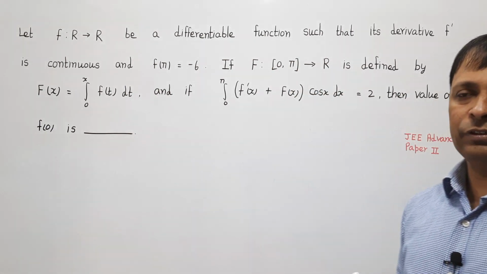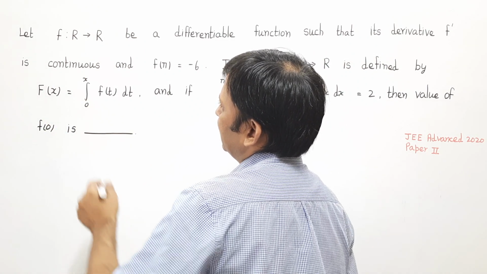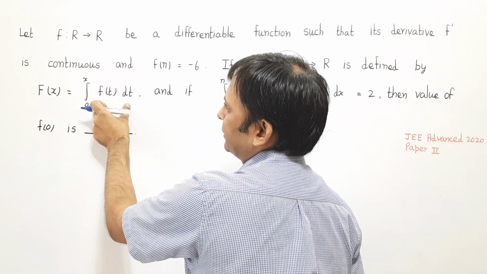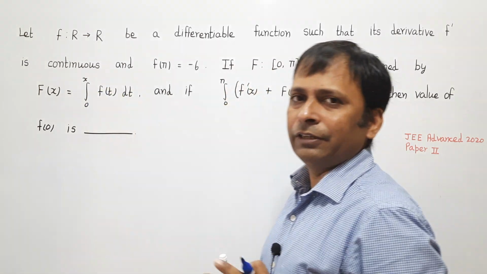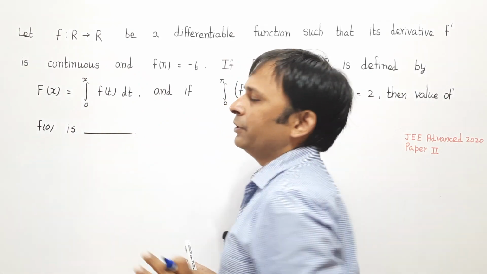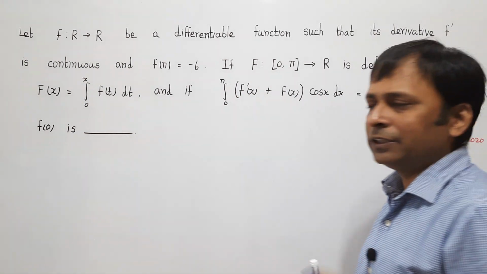Now from here what we can say is, if capital Fx is the integration of small f, then the derivative of capital F will be equal to small f, because integration and differentiation are inverse of each other.